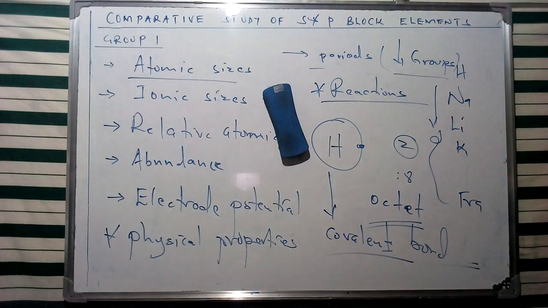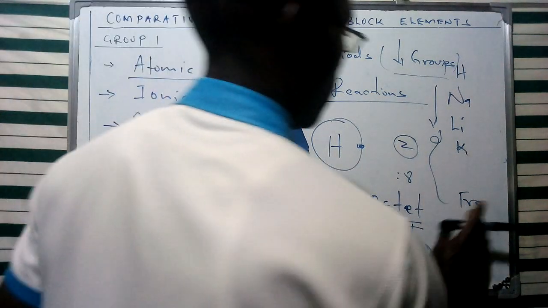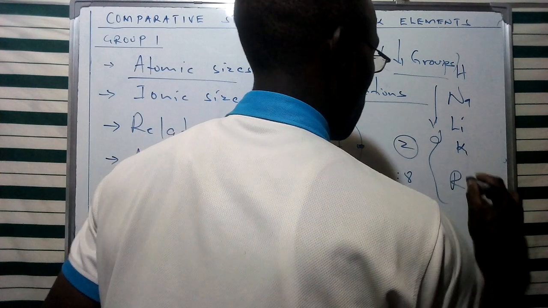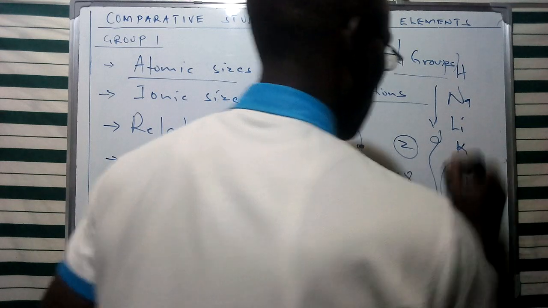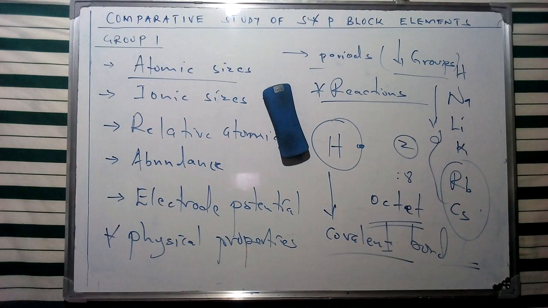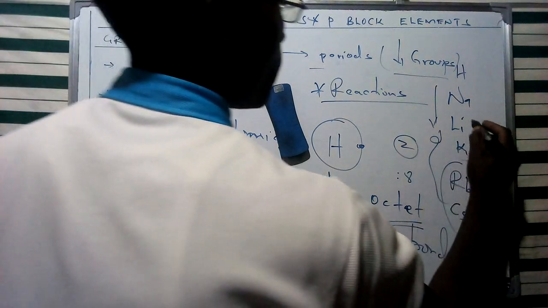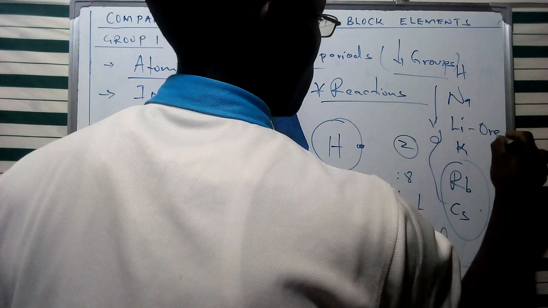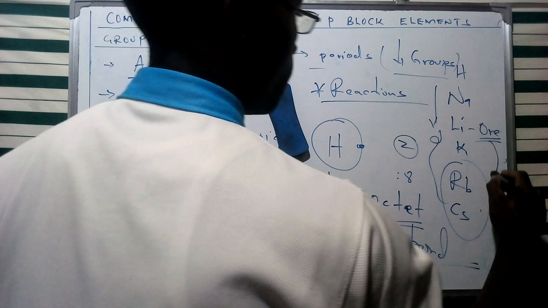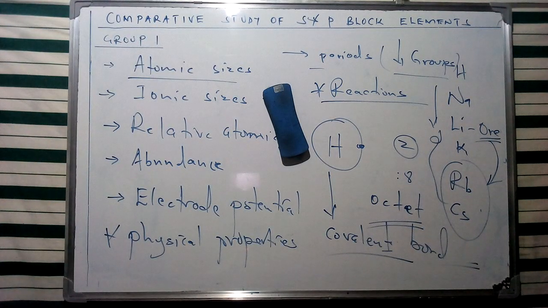Now, in this case, some elements in the lower section, like rubidium and cesium, which we had mentioned, are going to be obtained as products during the processing of lithium ore. So the lithium ore is going to produce some of these elements, which we are going to see in our discussion on the concept of reactions.